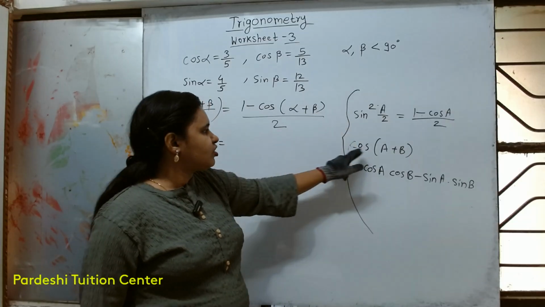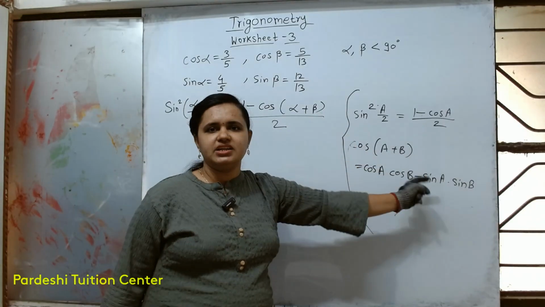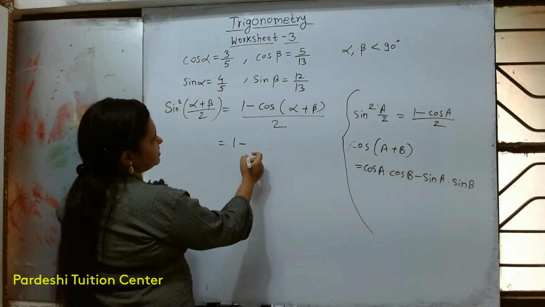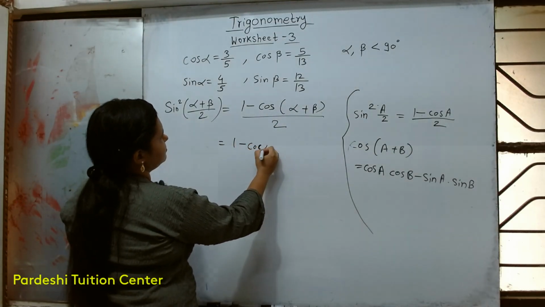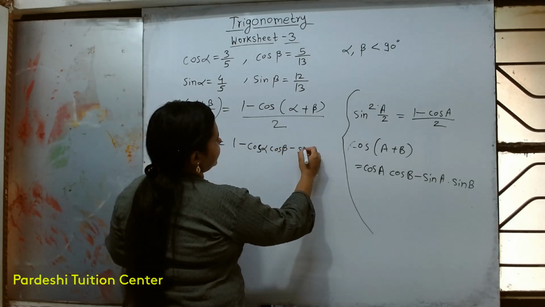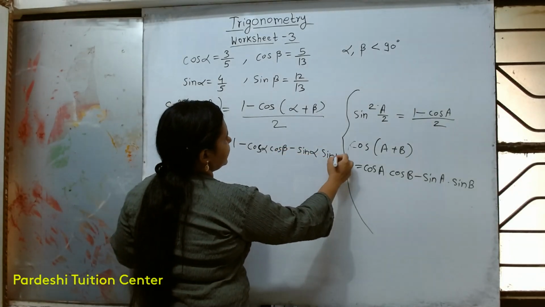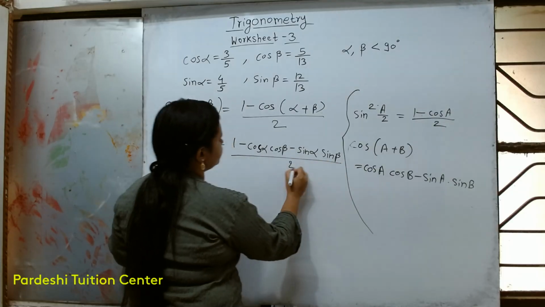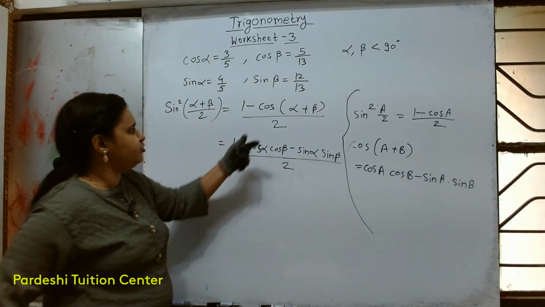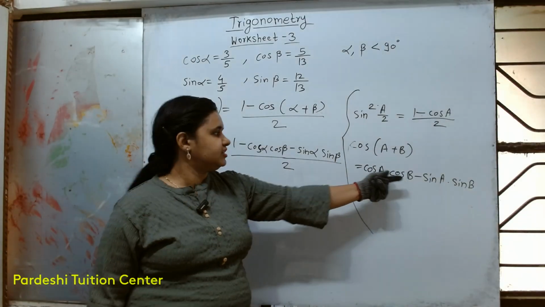So cos of (A plus B) is cos A cos B minus sin A sin B. So it will be 1 minus (cos alpha cos beta minus sin alpha sin beta) upon 2. We have just put in the formula of cos of (A plus B).